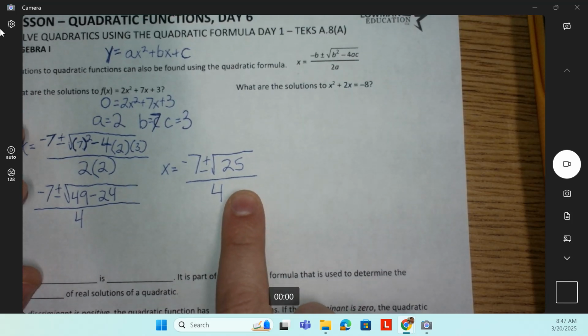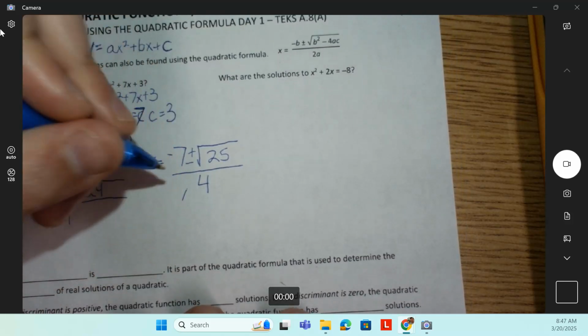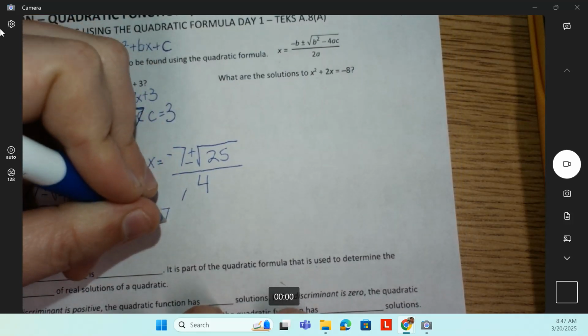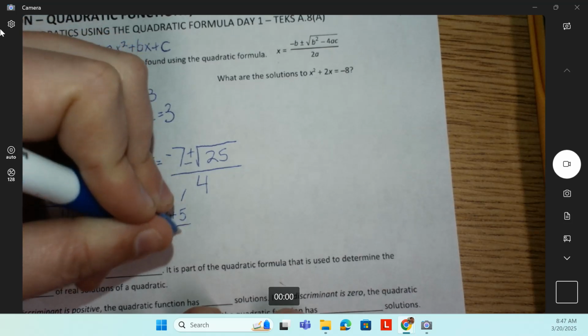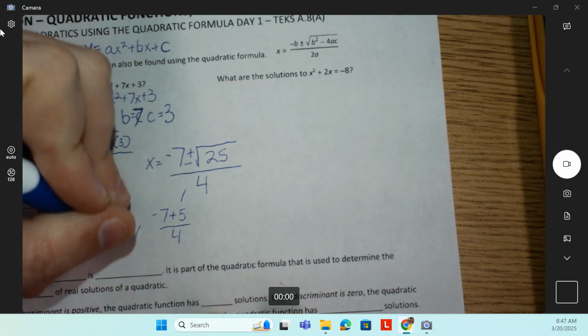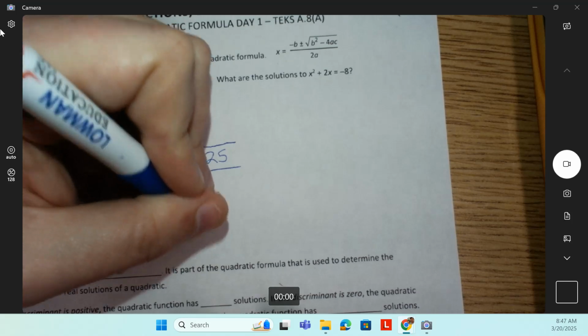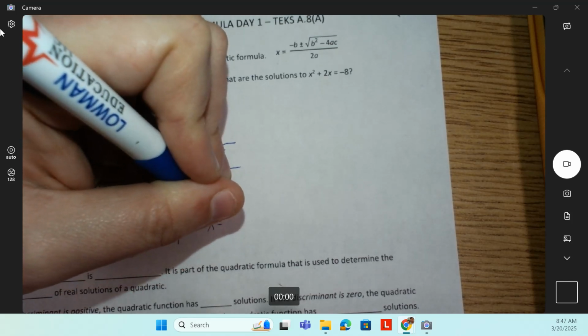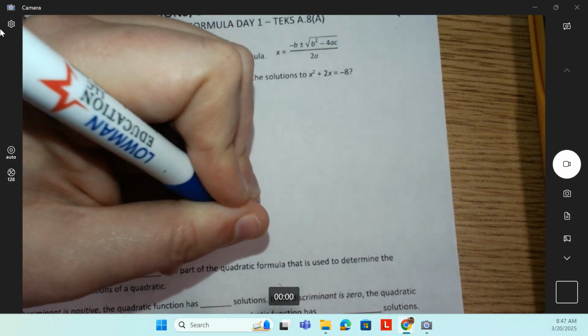So I would do, and this is where I'm going to split it up, -7 plus 5 over 4, or -7 minus 5 over 4.